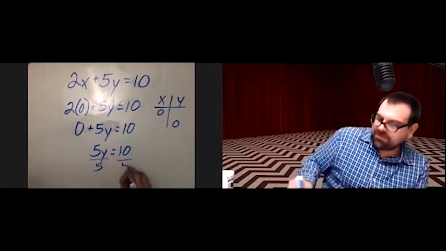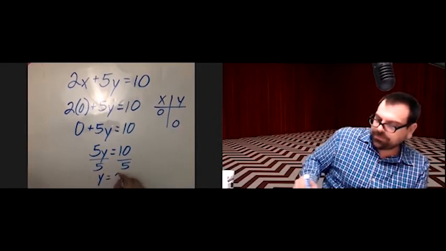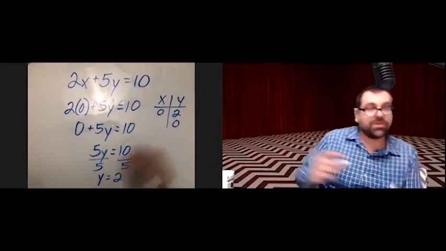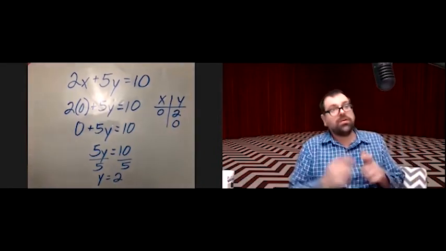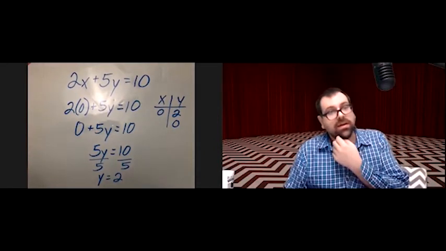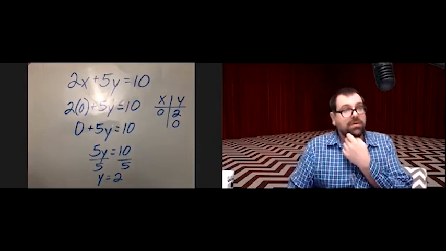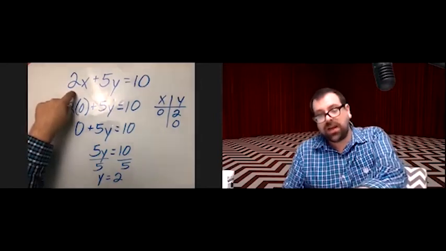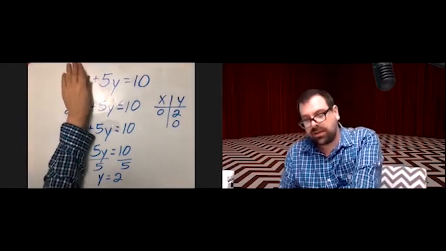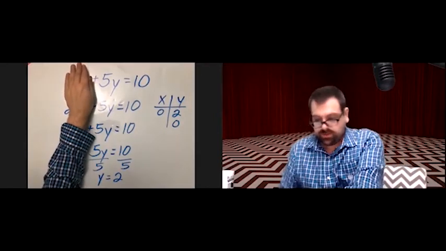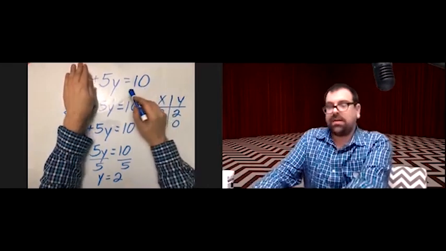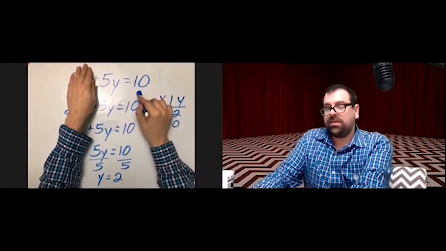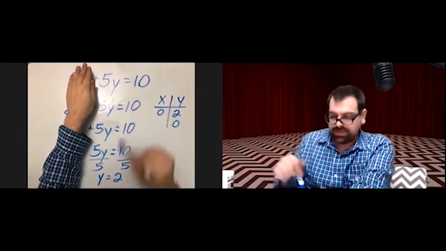Divide both sides by 5. We get y equals 2. The googly eyes method, it's also called the cover-up method. Why? Because when we plug 0 in for x here, that x goes away. And we can see 5y equals 10, y has to be 2.